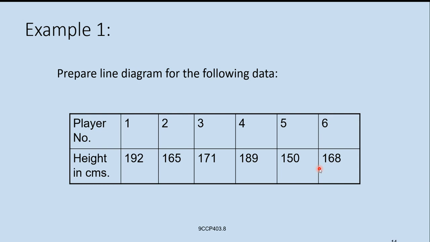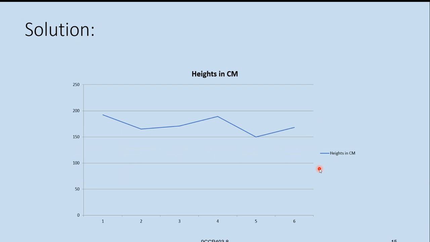We will see how this can be presented on graph paper in the form of a picture like this. On a graph paper, we can show this as a curve diagram, where the curve is drawn like this.